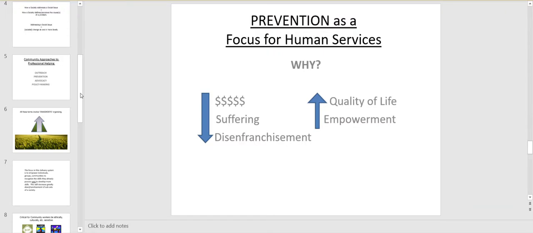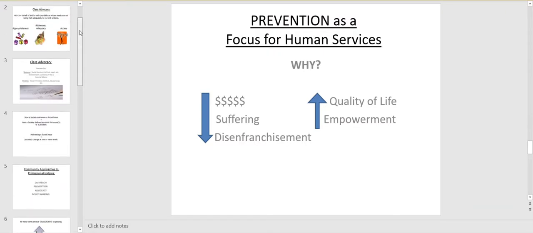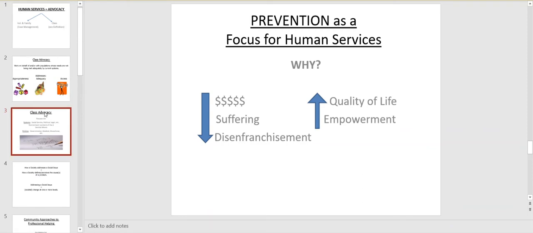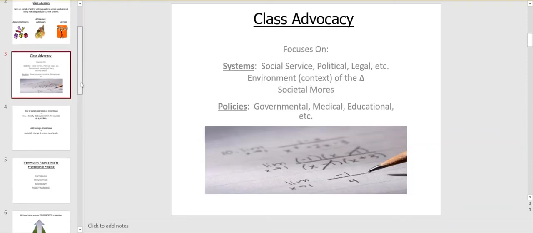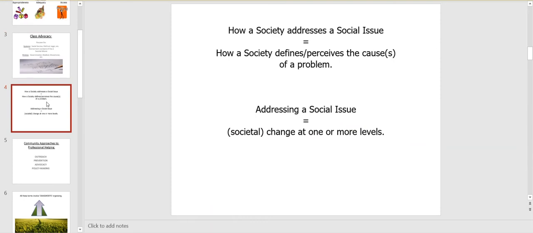When we left off on our previous video, we were discussing this concept of how a society addresses social issues based on what they perceive as the cause or the reason for the social problem. And again, the reality that we cannot intercede in one area of life without it ultimately impacting every other aspect of life.